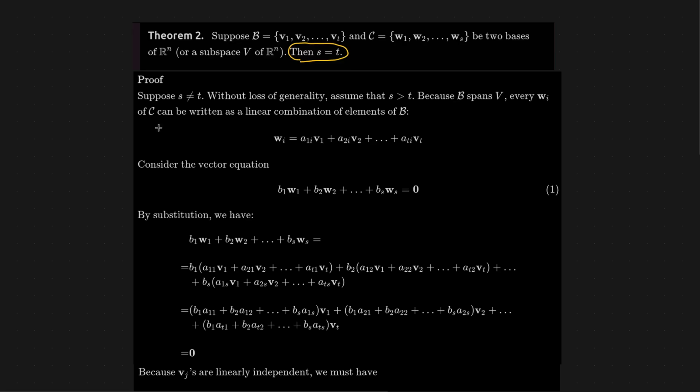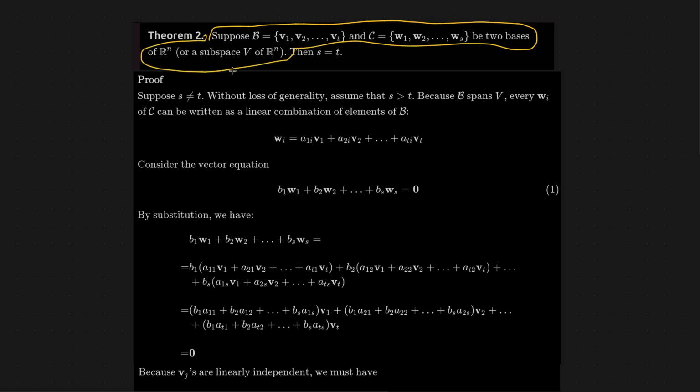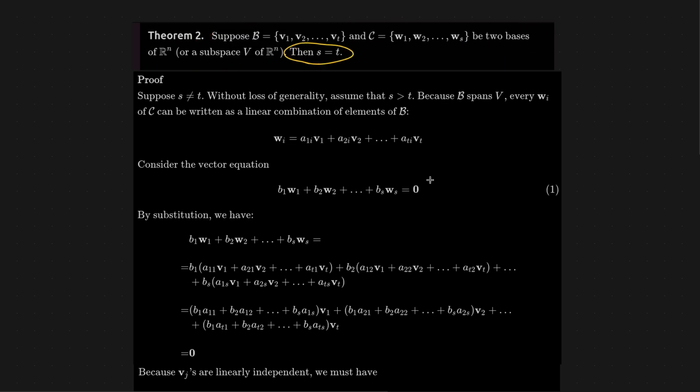So we're going to assume that s is not equal to t. And then we show that exploring this, some nonsense happens, so that assuming both of those at the same time is impossible. You can't have both two different bases for a vector space and different numbers of vectors in them. Okay?